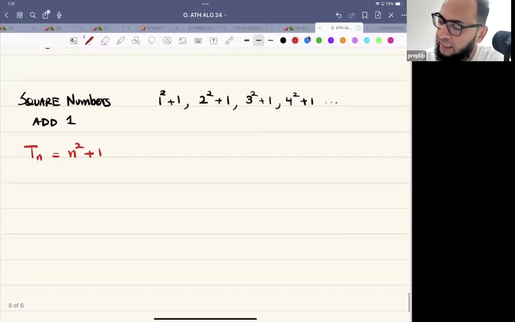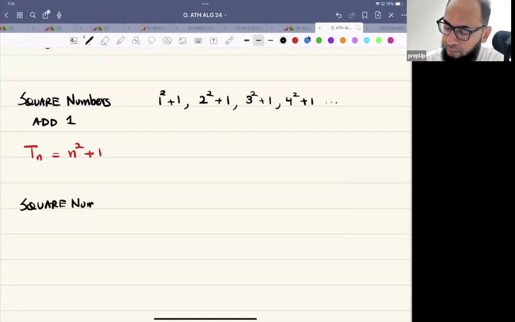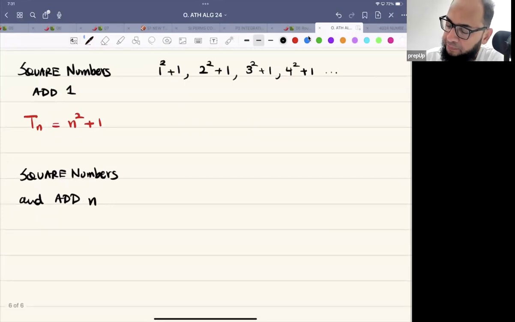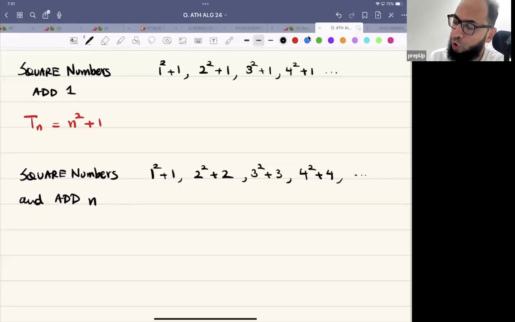Let me do something else. Square numbers and add n. That means I can write 1 square plus 1, 2 square plus 2, 3 square plus 3, 4 square plus 4, 5 square plus 5, and so on.